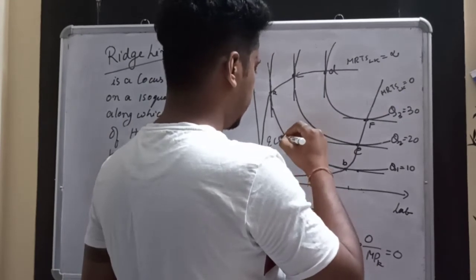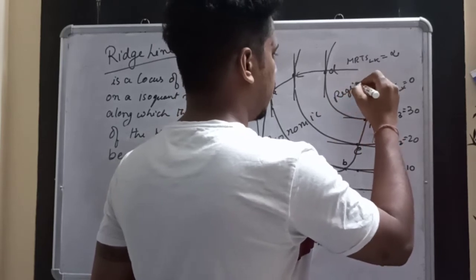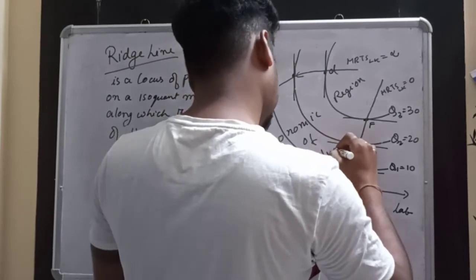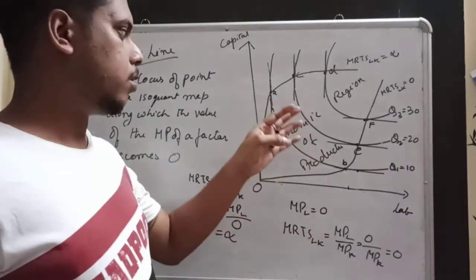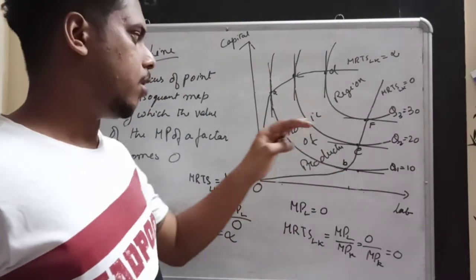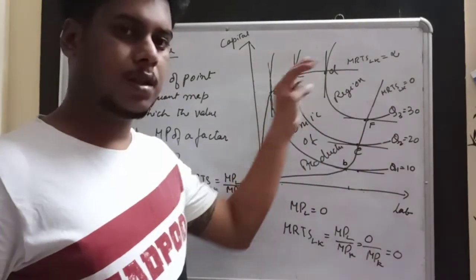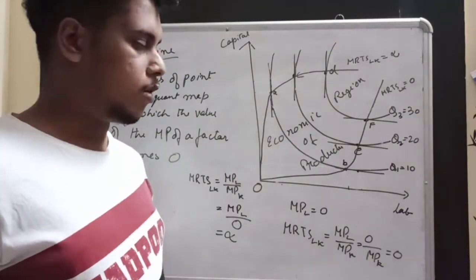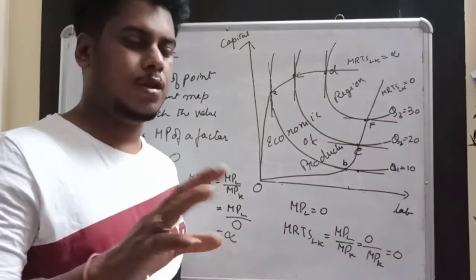Okay, and this region, the region bounded by the two ridge lines, is termed as the economic region of production. Means if you choose to produce within this range, or if you choose any combination from this range of the isoquant map, then you will be at a beneficial position.